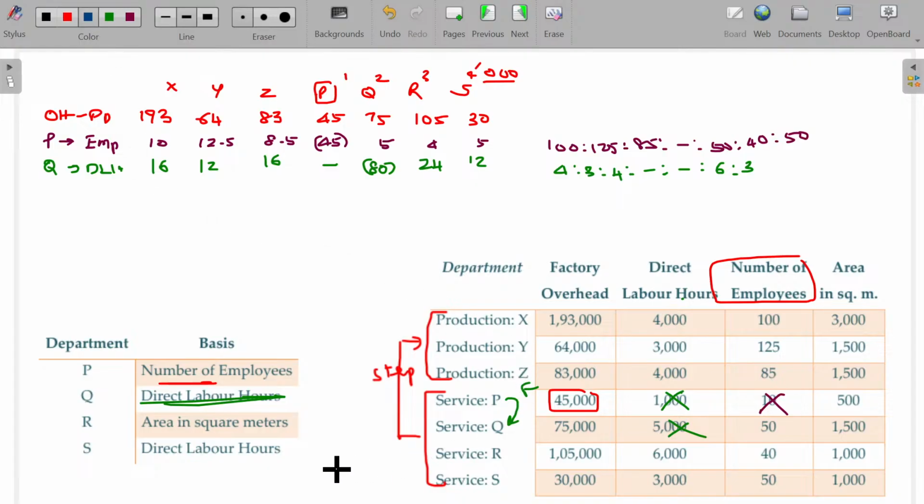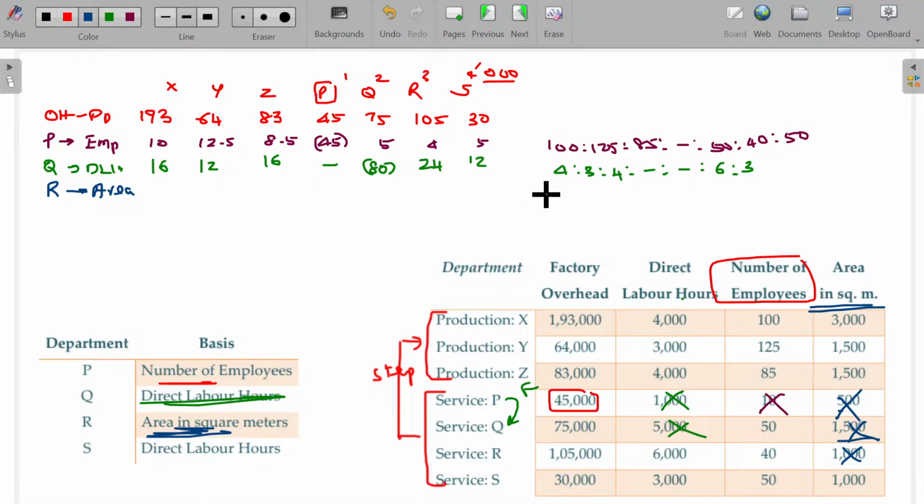Then next we will go for what? R. R will be based on area. Area is given here. Its own will be eliminated. Also, R's service to P and Q seems irrelevant as we follow the step or ladder method. So eliminate these two.